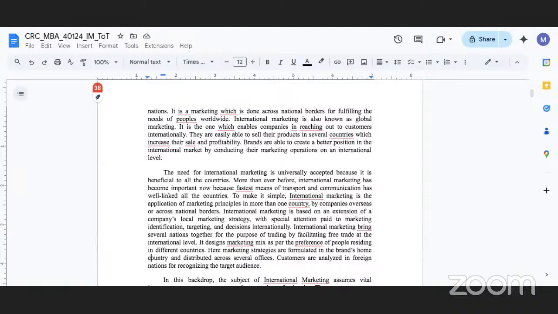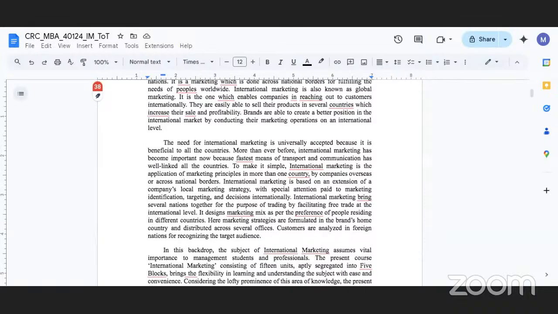And here, why has this become important? Because of two reasons. One is the ease of transport. It has become very, very easy to transport your products globally, whether you're doing it by air, through ship, or even if it is IT related products, you're doing it through internet and Wi-Fi. Second, all countries or most of the countries today are well connected due to more pervasive communication. So that also makes it far more simpler now to do international marketing.